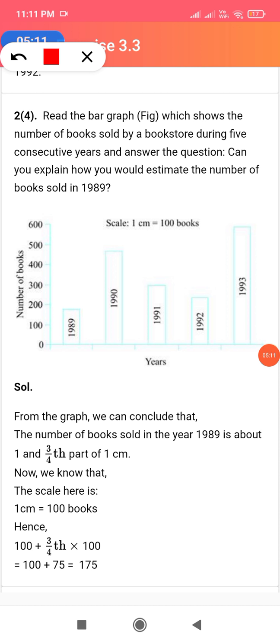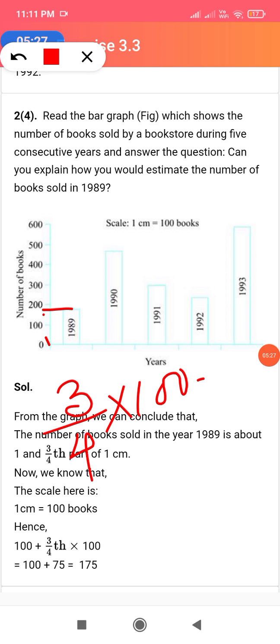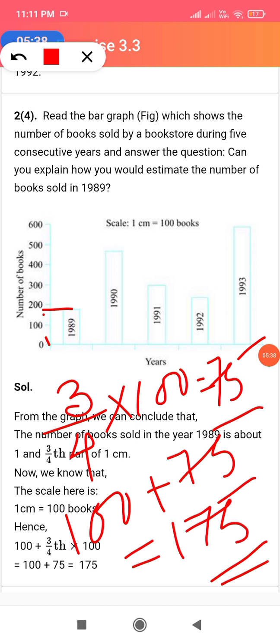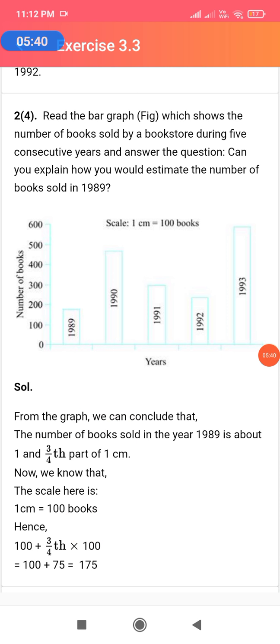It is around 3/4, if I divide this into 4 groups, then 3/4 of the way from 100 to 200. 3/4 of 100 would be what? 75, right? So 100 plus 75. So we will have 175 books which were sold in 1989. Next.